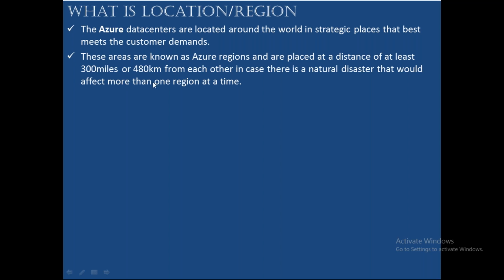Why? Because whenever a natural disaster occurs, we could lose more than two data centers at a time. If a disaster comes, even at a distance of 100 or 50 kilometers it will affect, right? So for safety, they maintain 480 kilometers between two data centers. A data center is where you host your physical servers, physical storage, all the physical things.